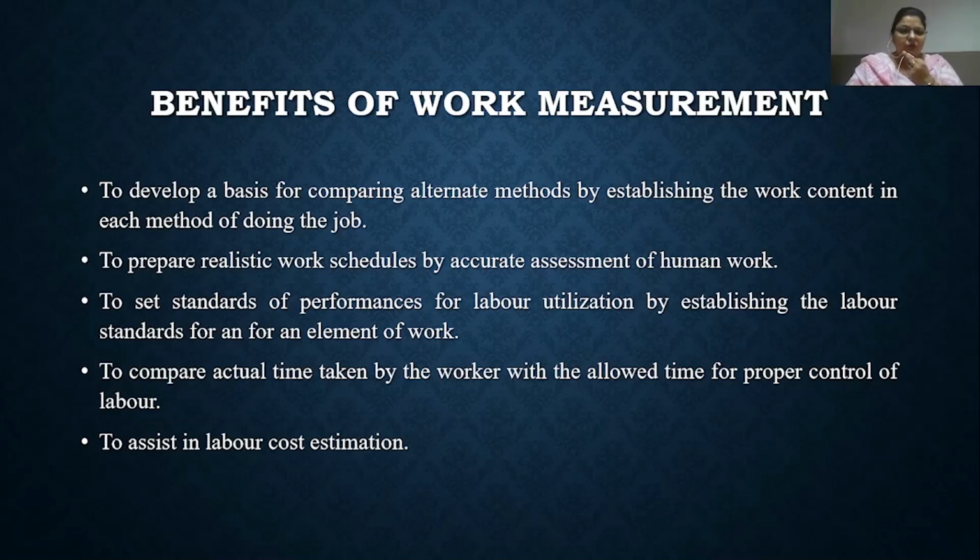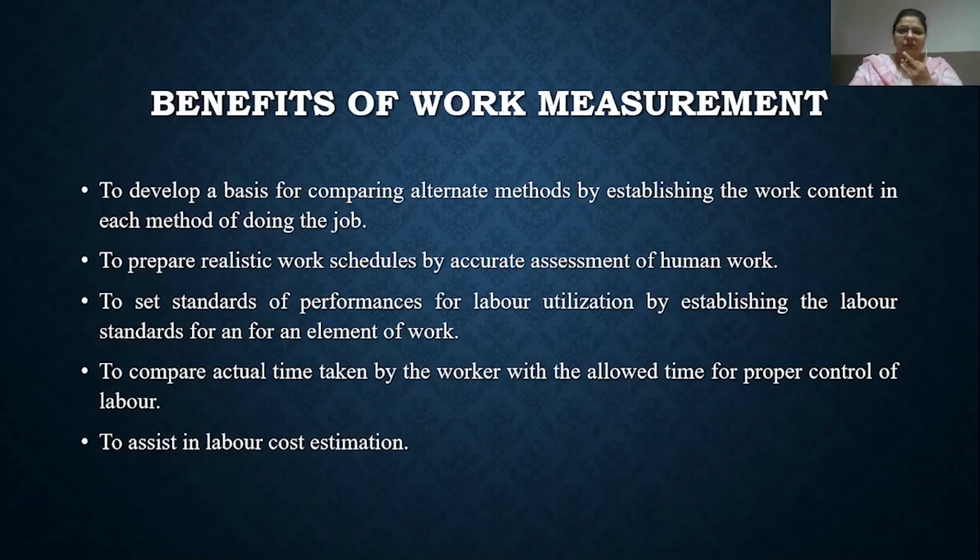Number one, to develop a basis for comparing alternate methods by establishing the work contained in each method of doing the job. For work measurement, we develop a comparison of alternative methods. If we have two methods, one is already working and the second we have already prepared.